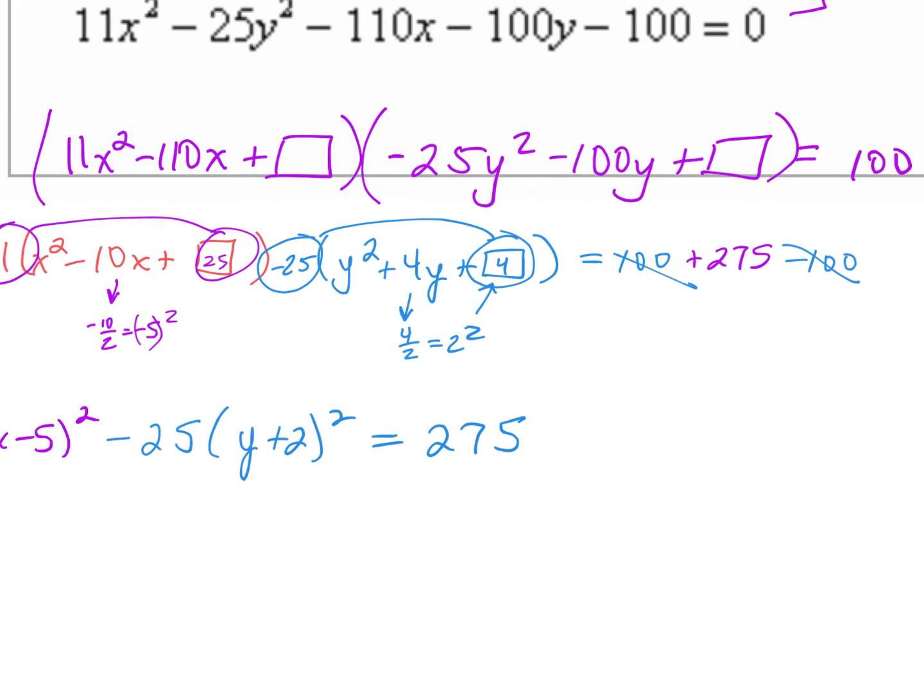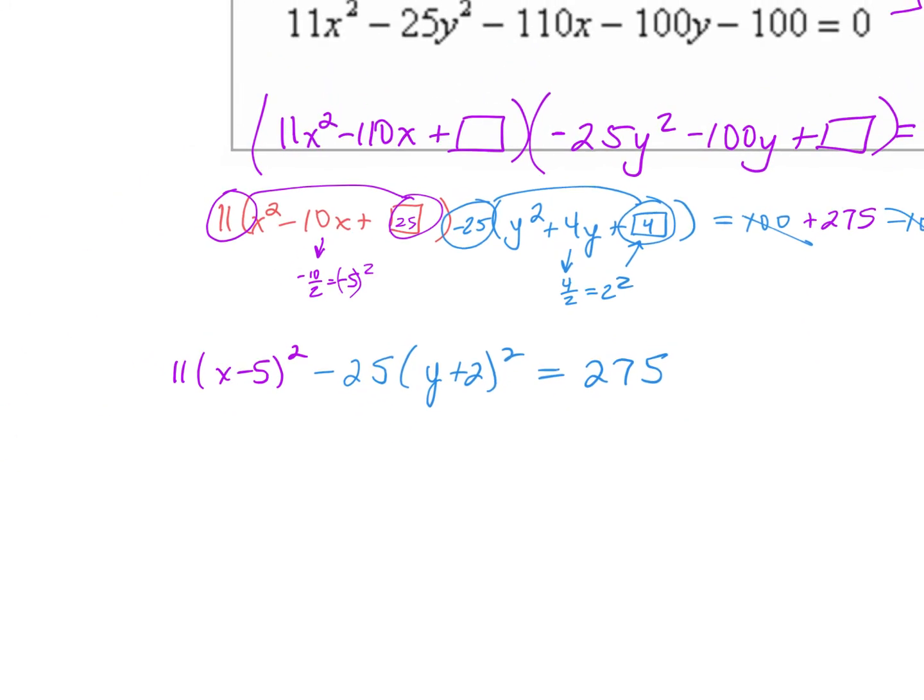Now we're getting close. We're getting very close to our equation that we're looking for. But this equation should be set equal to what? Should be set equal to 1. How can I make that happen? Divide everything by 275.